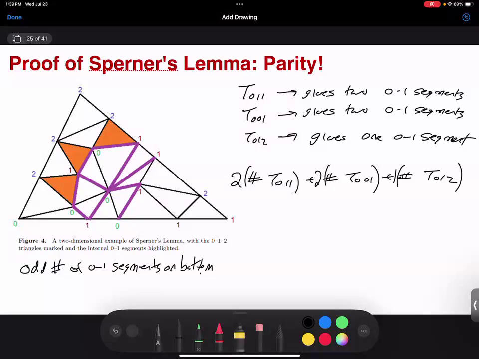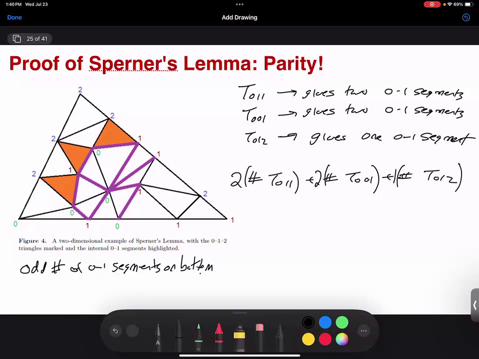So any segment on the outside is counted once and only once. Any segment on the inside, how many times is that counted? Twice.